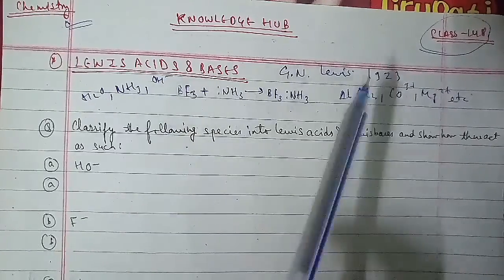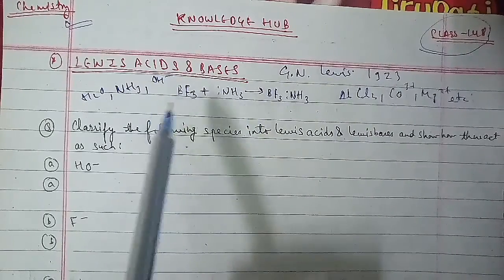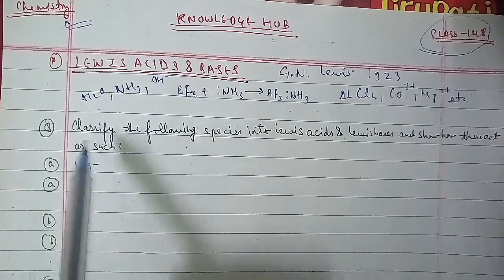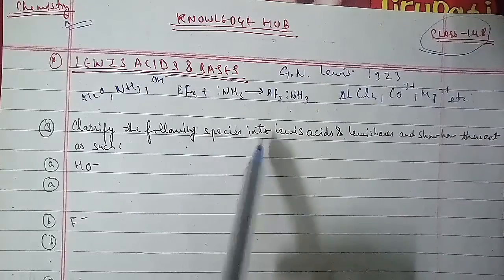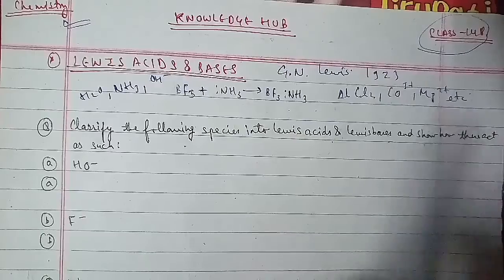Now we'll discuss the question: classify the following species into Lewis acid and Lewis base and show how they would act as such. Talking about OH minus, the hydroxyl ion is a Lewis base as it can donate an electron lone pair.